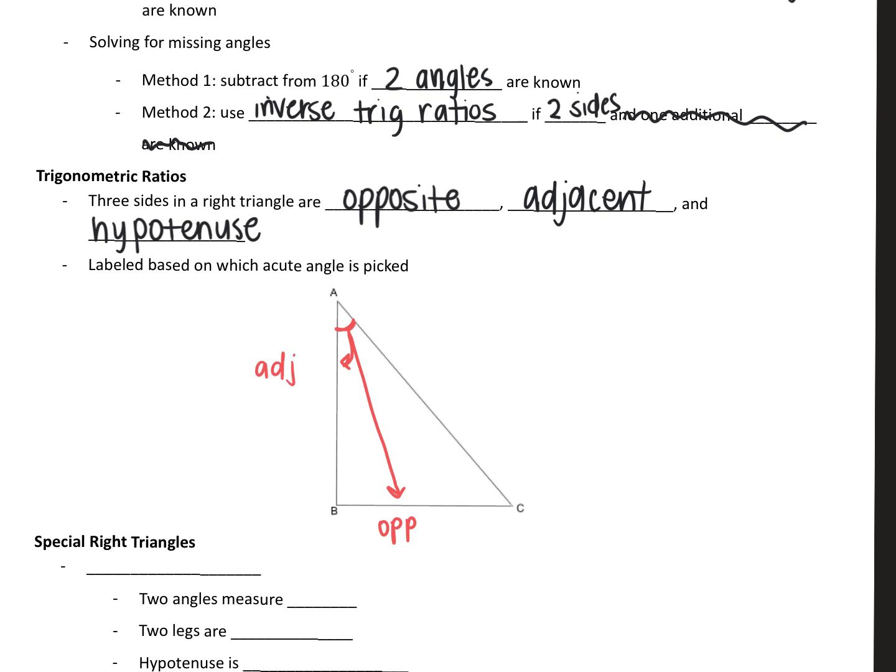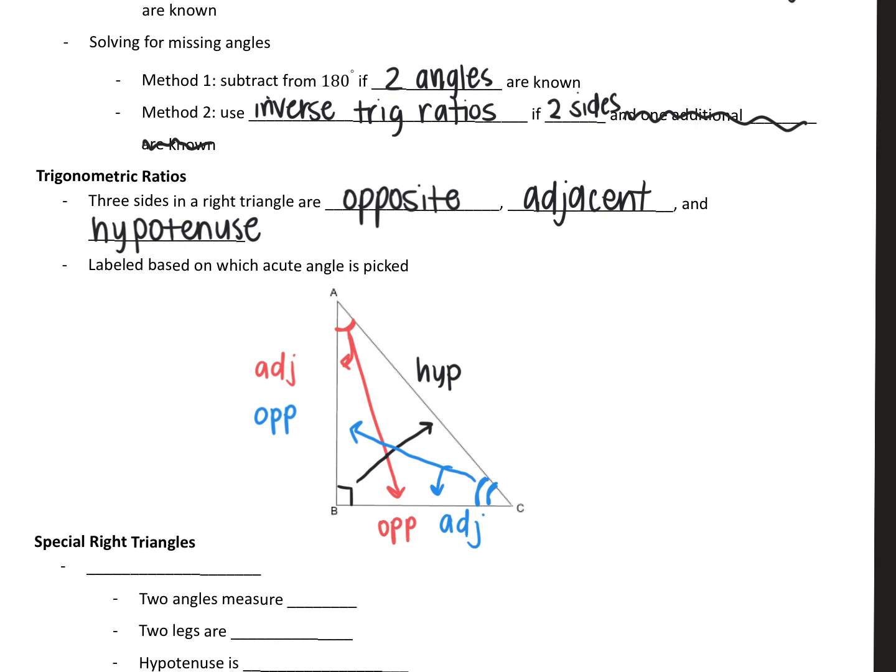Now the hypotenuse is easy because in a right triangle, the hypotenuse is always across from the 90-degree angle. If I were looking at angle C, the opposite side is directly across from it, the adjacent side is directly next to it, and the hypotenuse is still the hypotenuse.